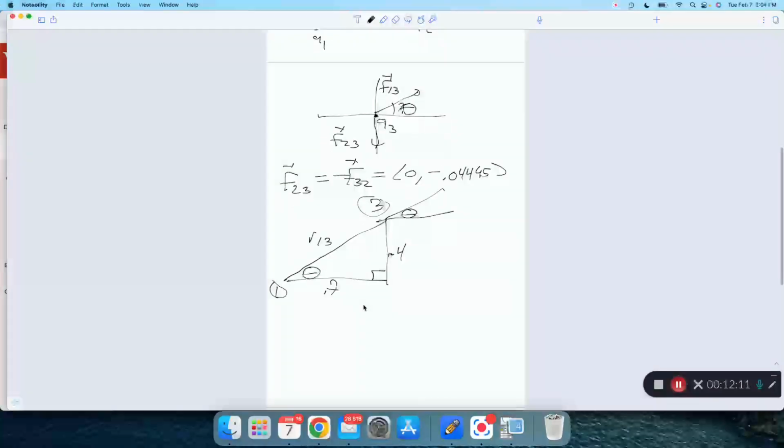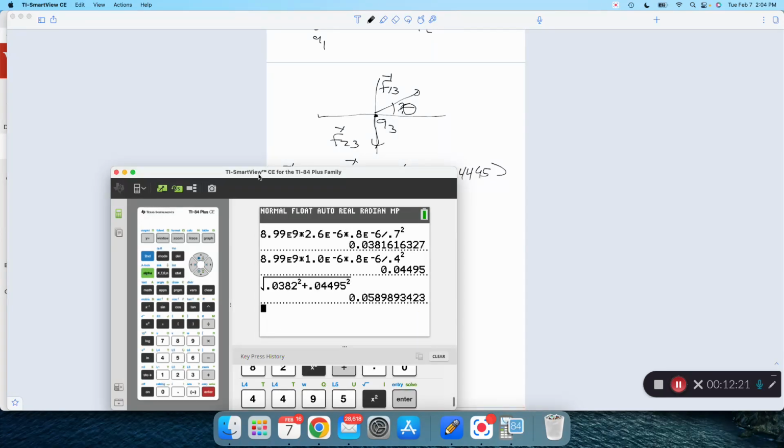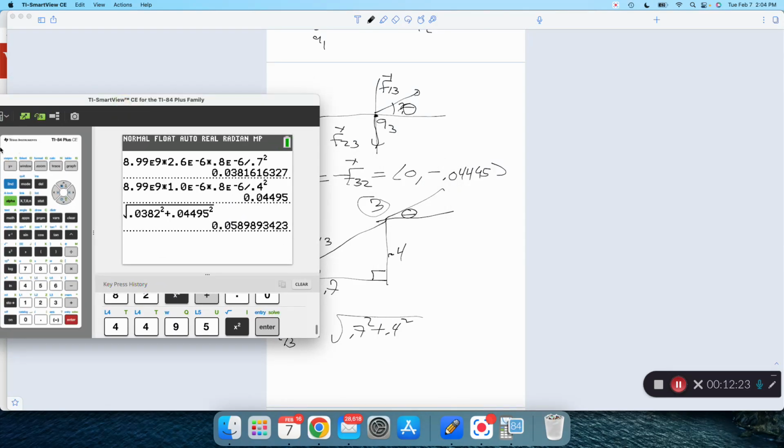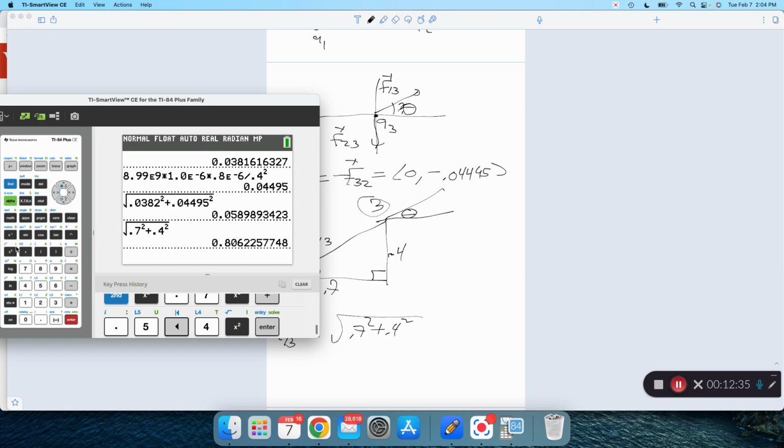So Pythagorean there, R13 is the square root of 0.7 squared plus 0.4 squared.